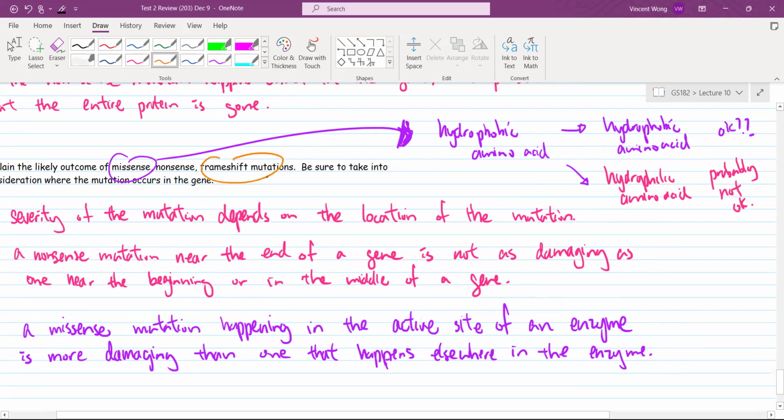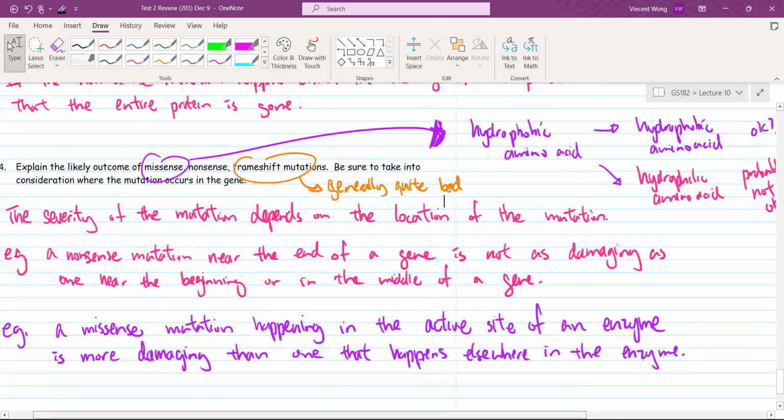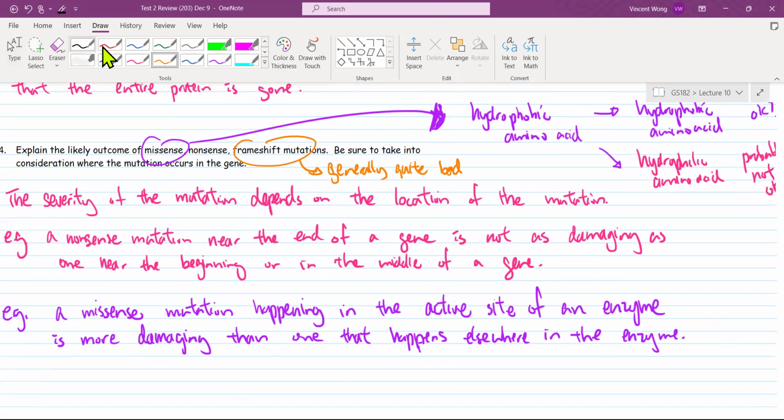And frame shift is generally quite bad. It doesn't really matter where it happens. If it happens at the beginning, very bad because the whole chain is going to be wrong. If it happens in the middle, then again, quite bad. Half of it is wrong. But even if it happens at the end, it's still quite bad because you're going to have normal amino acids, and let's say you're supposed to stop here.